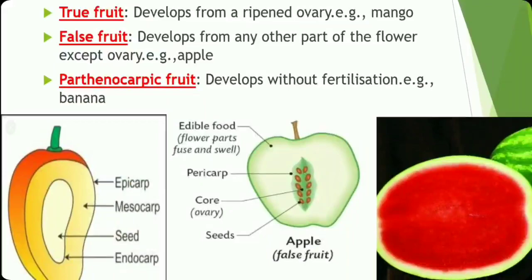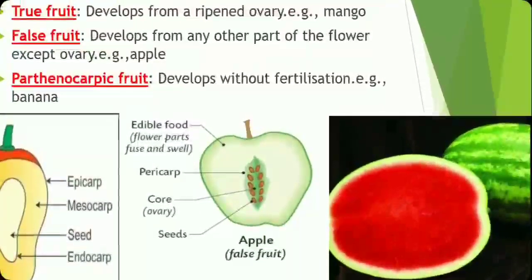So the fruit is not developed from the ovary, which means fertilization is not necessary for it. Keep this in mind, sometimes this comes in examinations also. An example is the apple.